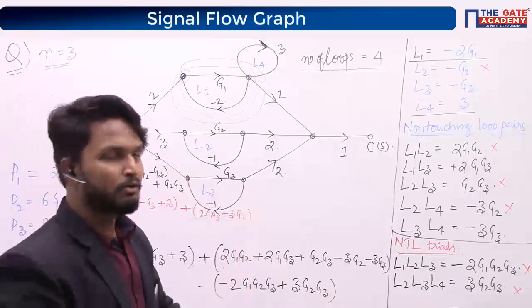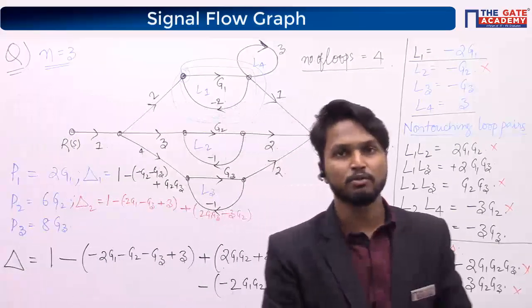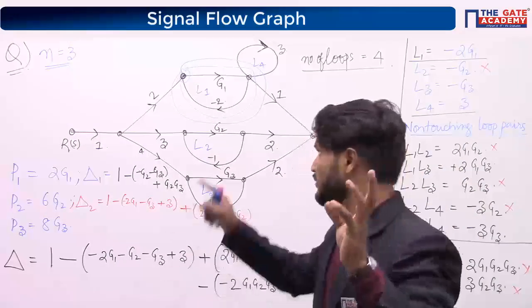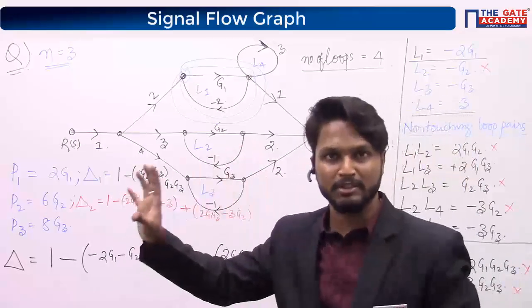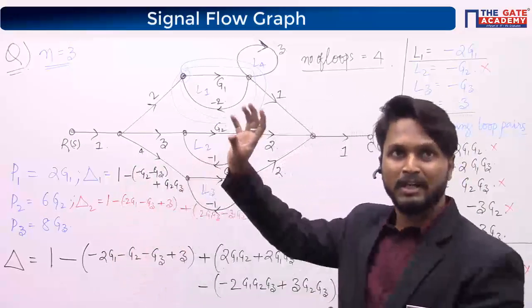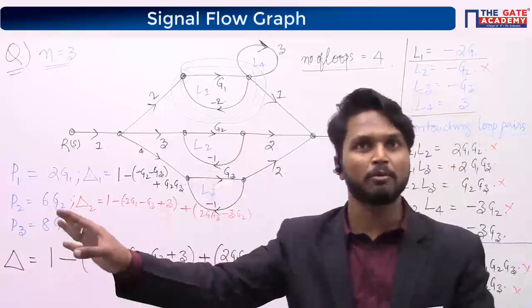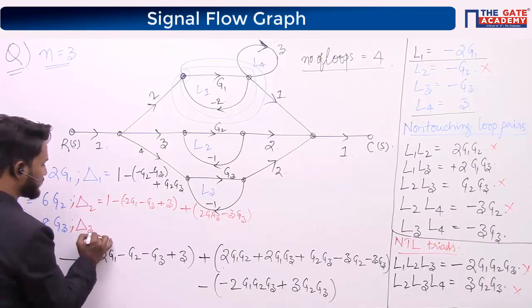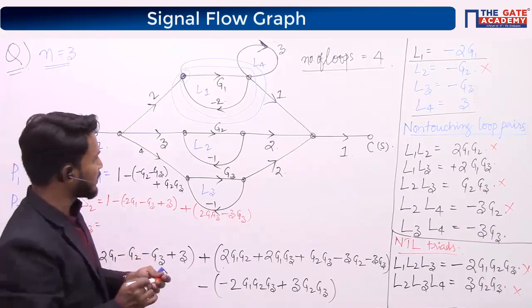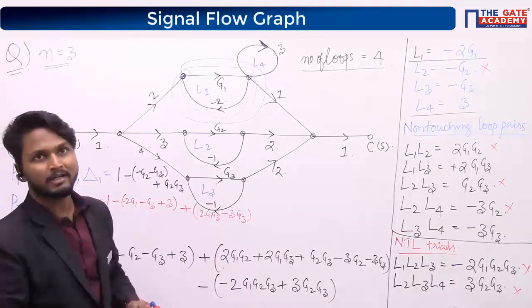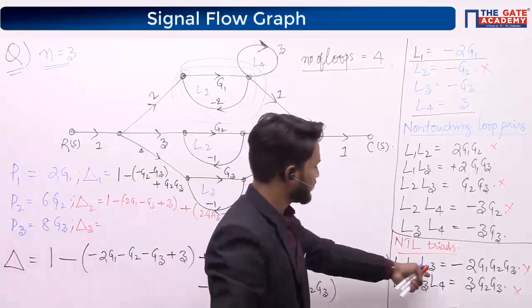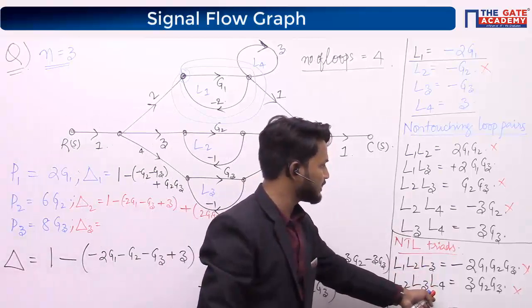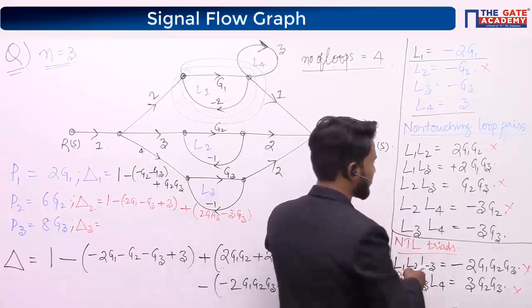So what you have to do is ask your friends who have left the class to look into this problem. This problem is very much important. If they get this problem, they can solve any problem in signal flow graphs. That's it. Let us look at delta 3. For calculating delta 3, you have to neglect all the terms containing L3. This contains L3, this contains L3, this has L3.